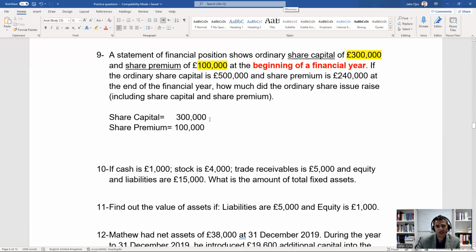At the end of the year, the share capital becomes 500,000, and the share premium at the end of the year became 240.